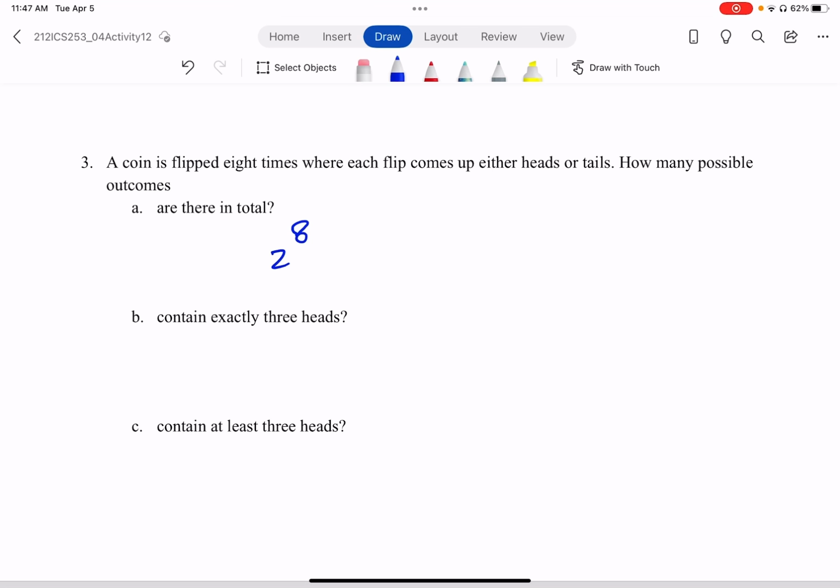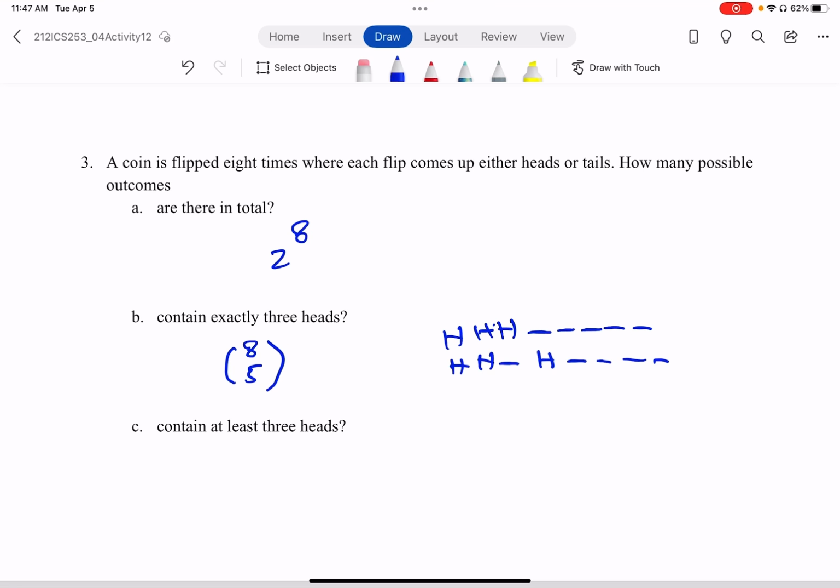It's as if, for example, he said the first 3 positions are heads, and the rest are all the other combinations, right? But is this the only way to have 3 heads? We can have 3 heads like this, right? And we can have other placements, that's why it's not 2 to the power 5. It's basically 8 choose 5.